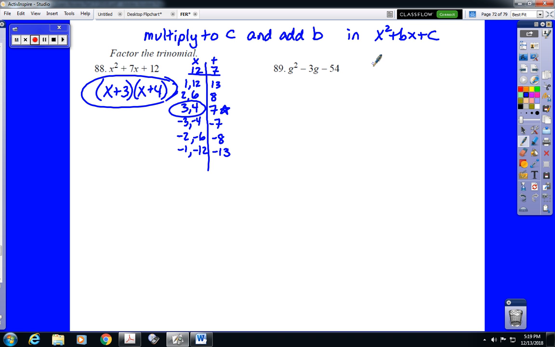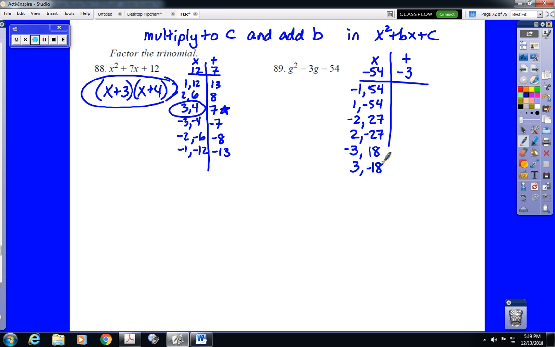Same thing over here. We're looking for two numbers that multiply to negative 54 and add to negative 3. So that would either be 1 and 54, or one or the other is negative. 2 and 27. 3 and 18. 4 doesn't work. 5 doesn't work. 6 and 9.